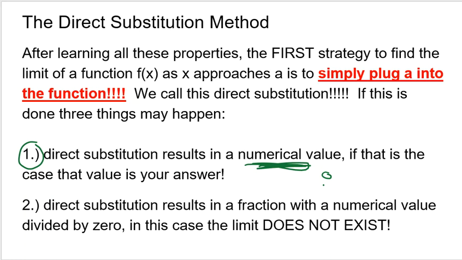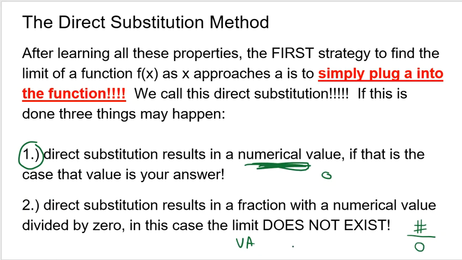Now, what else could happen? Sometimes direct substitution results in a fraction. If you get a numerical value divided by 0, this is also pretty easy. It means your limit does not exist. If you do direct substitution and you get a numerical value on top and a 0 in the denominator, then your limit does not exist, because that means you have a vertical asymptote, a VA, I call them.